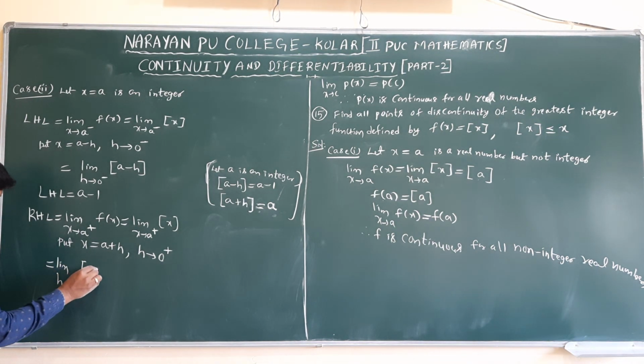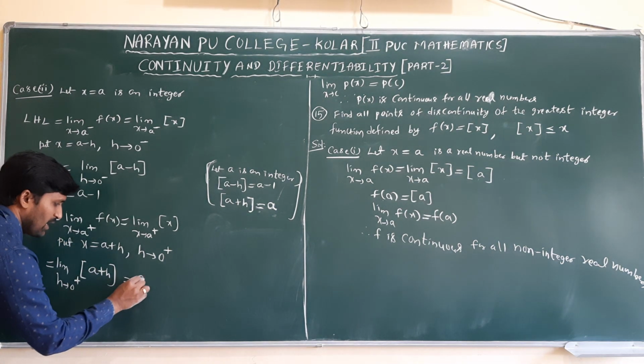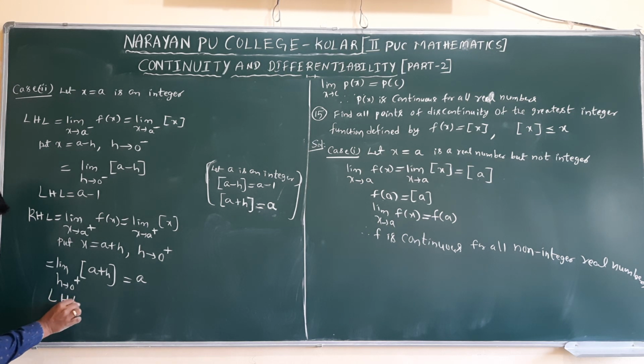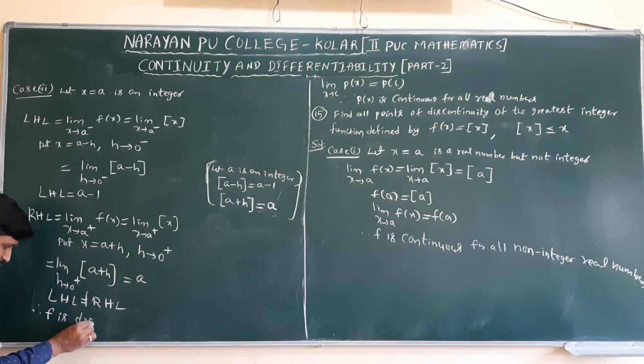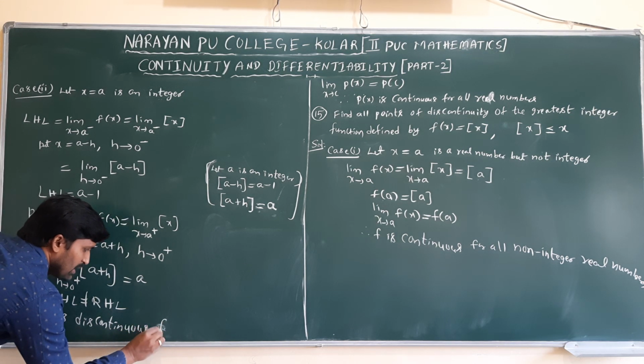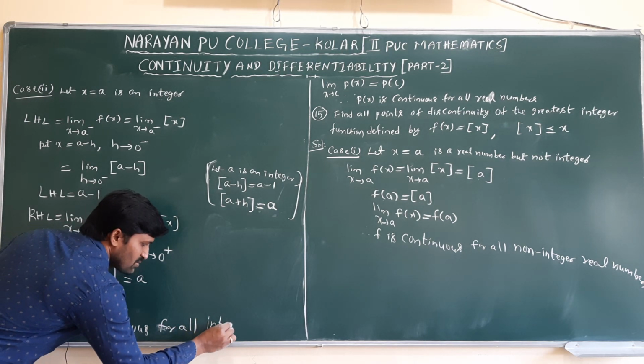In place of x substitute a plus h. Step of a plus h is always a, we will get. Are both equal? No. So LHL is not equal to RHL. From this what can we define? f is discontinuous for all integers or integral values.